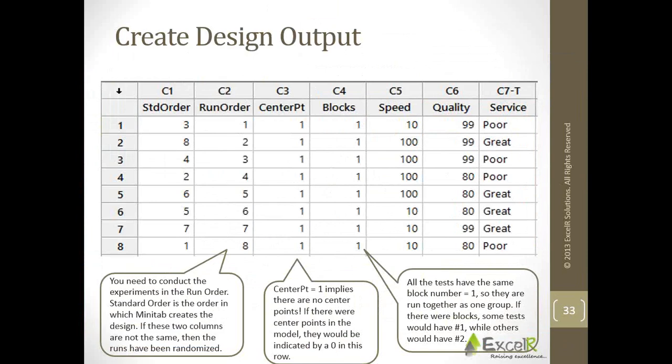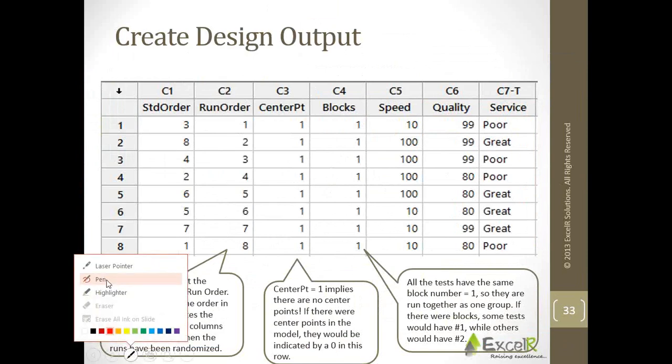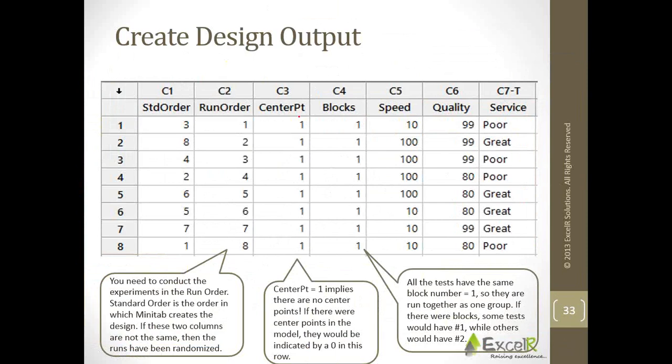Alright, let us understand the table that got generated now. Here is a standard order and here is a run order. What is the difference between these two? You need to conduct the experiments in this order, run order.